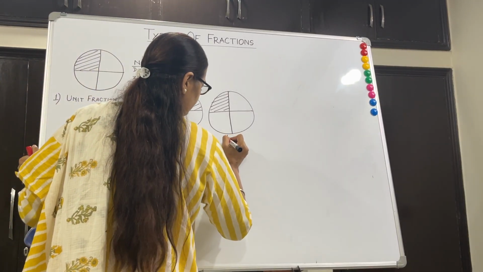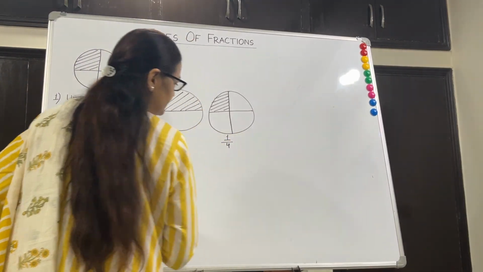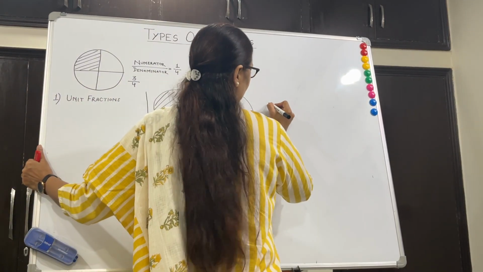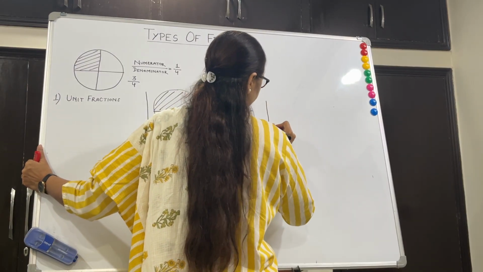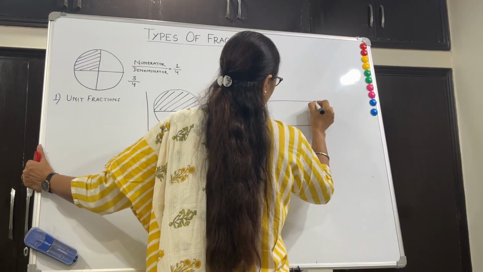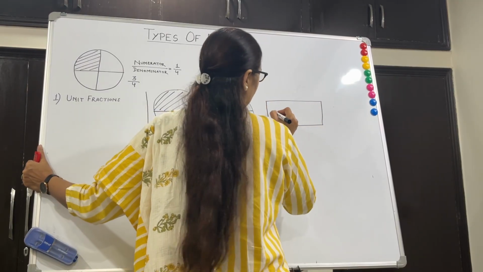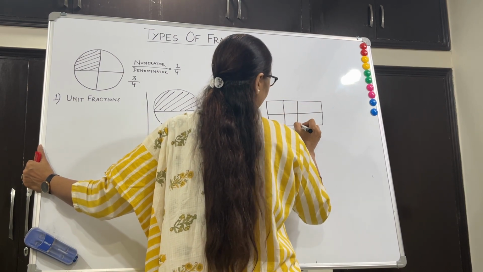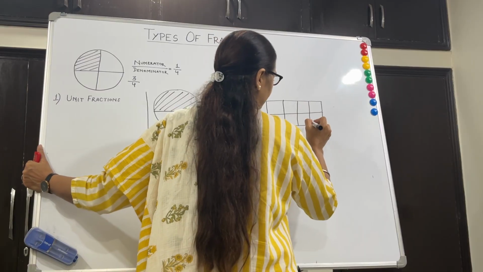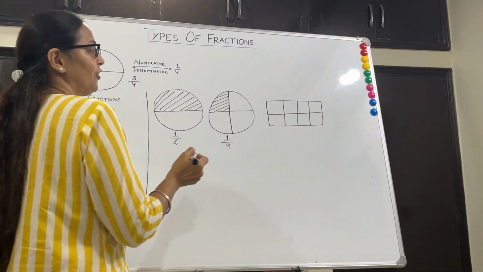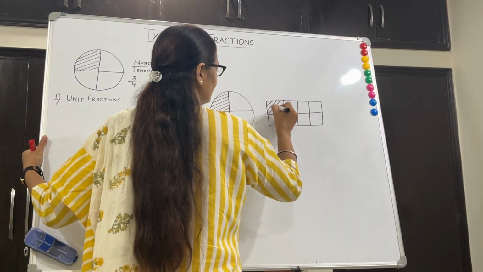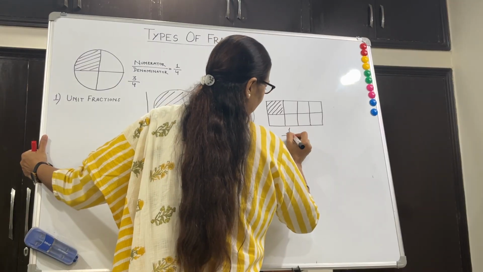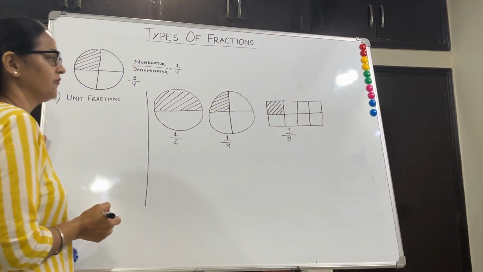What fraction of pizza are you eating? 1 out of 4, 1 upon 4. Now taking another example, I am making a bar of chocolate and dividing it into 8 equal parts. You will not get more to eat here. You will get just one part out of those 8 parts. So you are eating 1 upon 8 fraction of the whole chocolate.